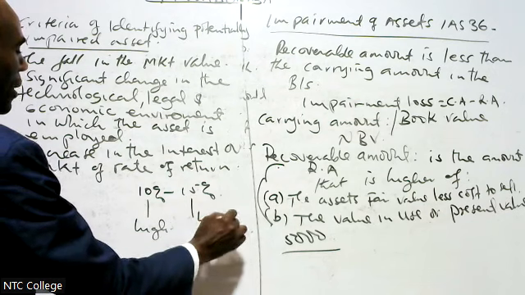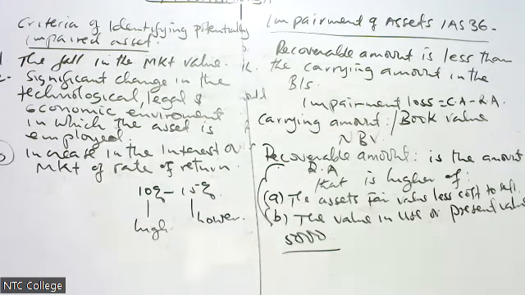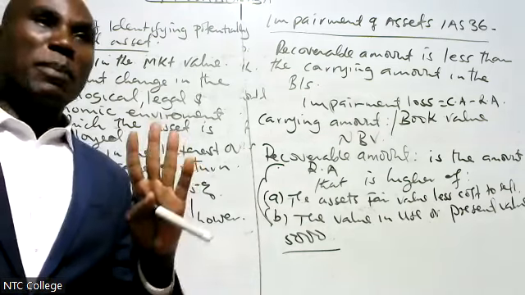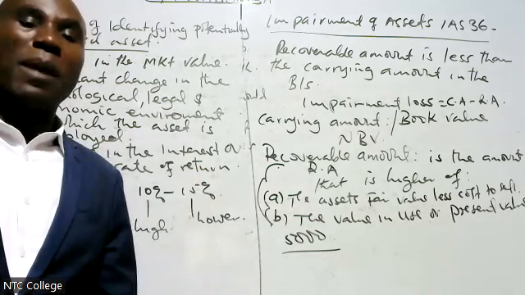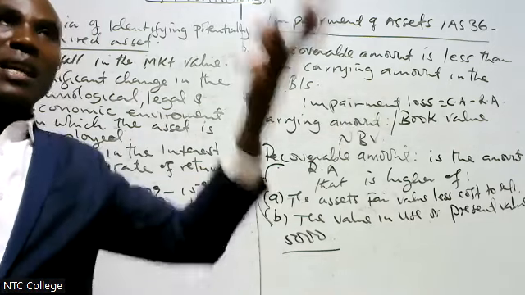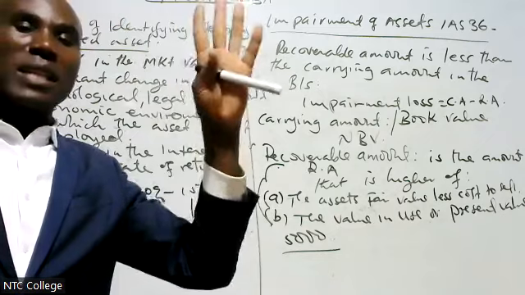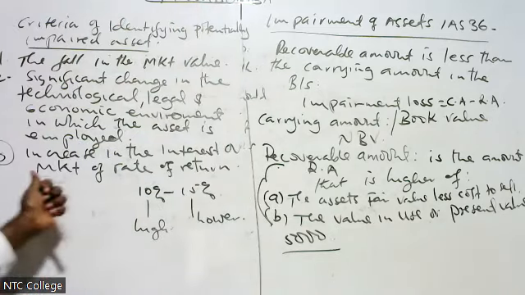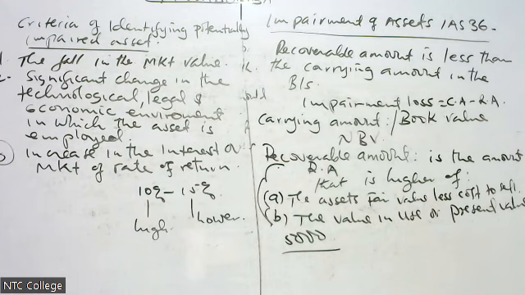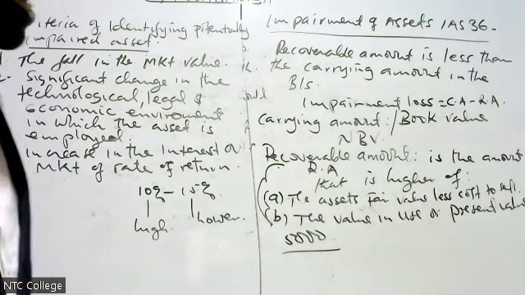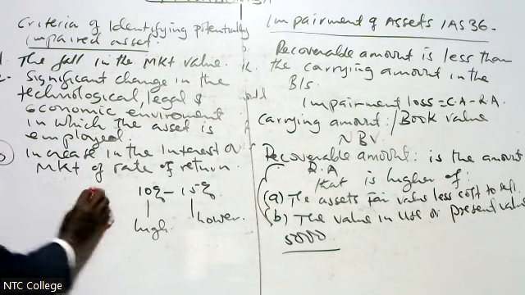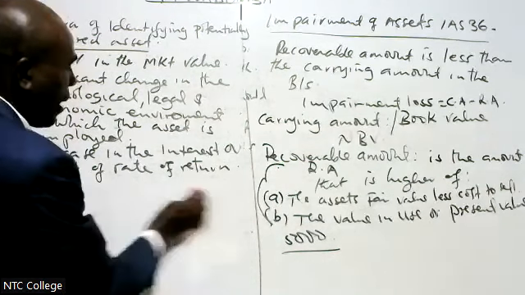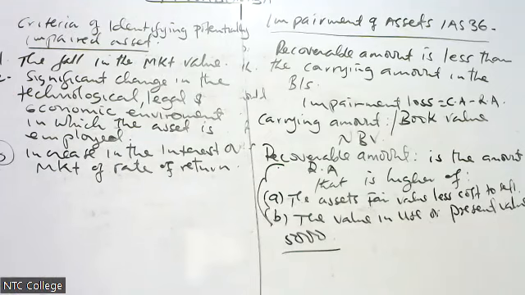If I'm using the present value as my recoverable amount, then the recoverable amount will be less by virtue of the interest rate going up. Therefore, an increase in the interest rate in the market will impair your assets.